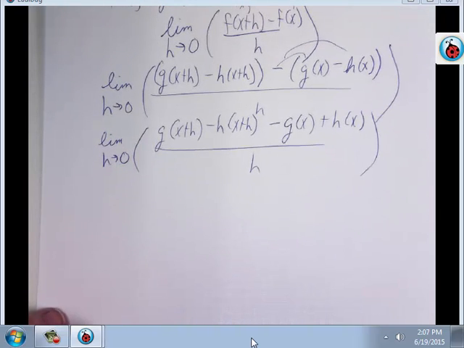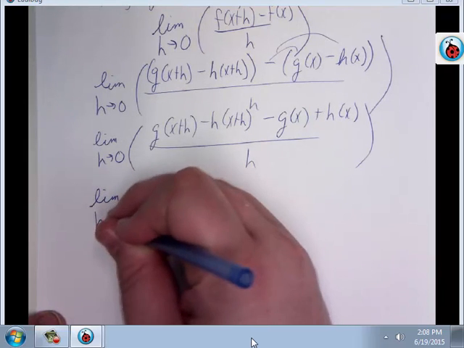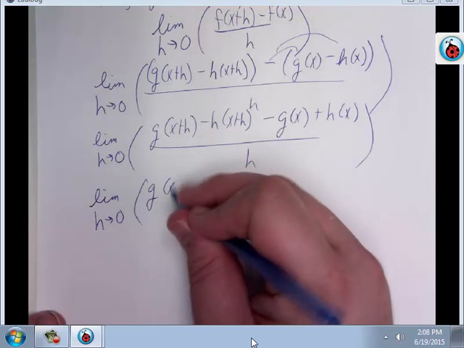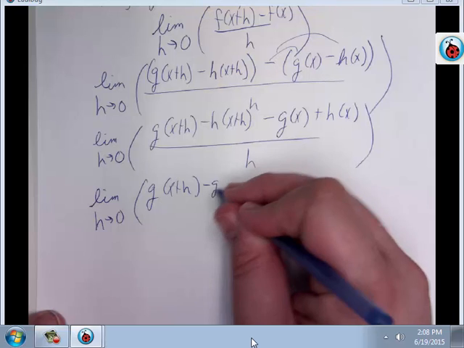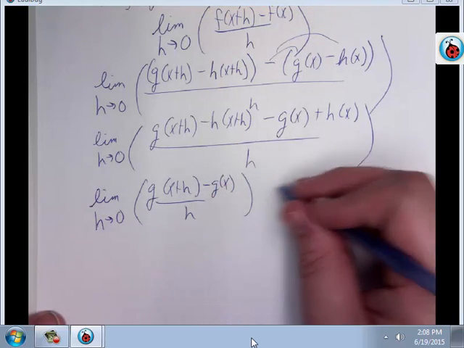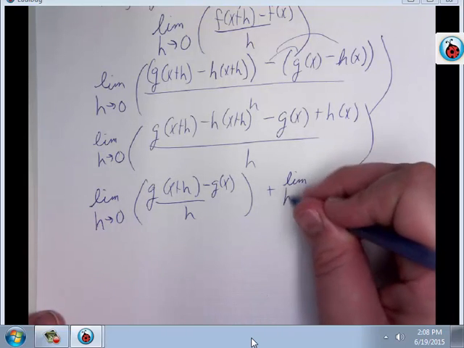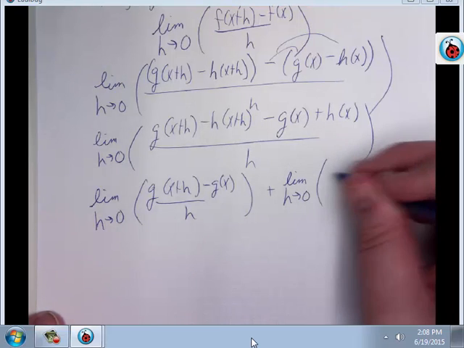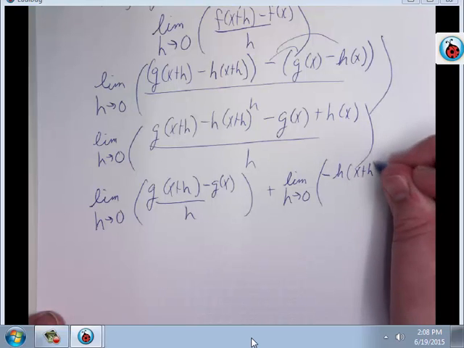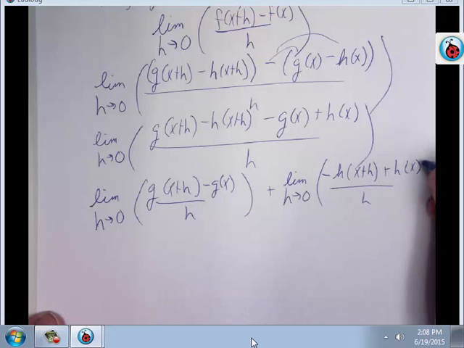I'm going to do some rearranging again. Limit as h goes to 0 of, these two it's really easy to combine. We've got g of x plus h minus g of x all over h. And we've got the limit as h goes to 0 of negative h of x plus h of x over h.